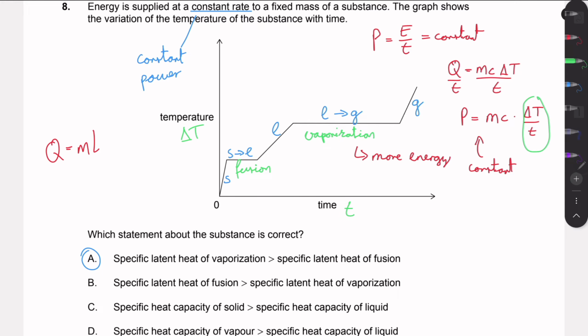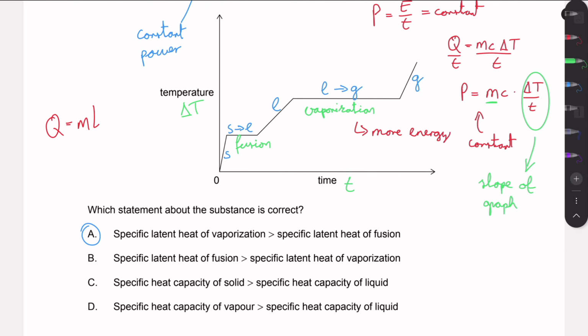And if we look very closely, we have delta T here, or temperature, and we have time here. So if we look at this term here, we might notice that this is actually the slope of our graph, as it's just the change in y over the change in x. That's the slope. And then we can see that the product of mass times c, where mass is also a constant, times the slope is a constant value.